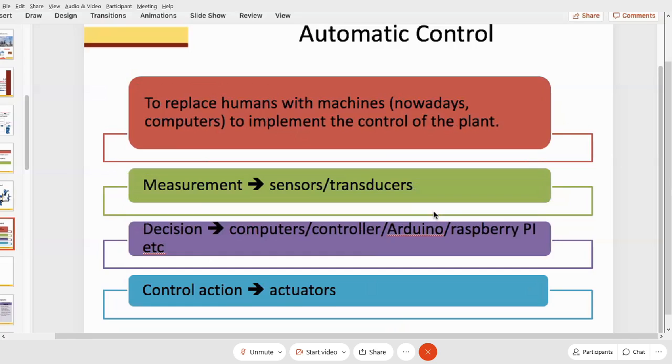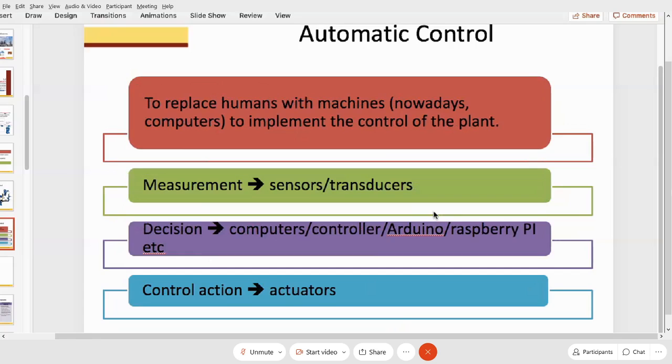So how to design the automatic system? We replace the human with machine. So everybody knows, how to replace human with machine? Your machine must have a sensor to measure the level, a sensor to measure the temperature, or a transducer, a sensor to measure the speed. That replaces our human task.